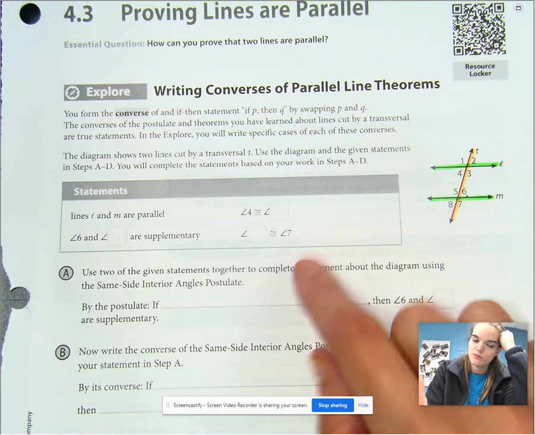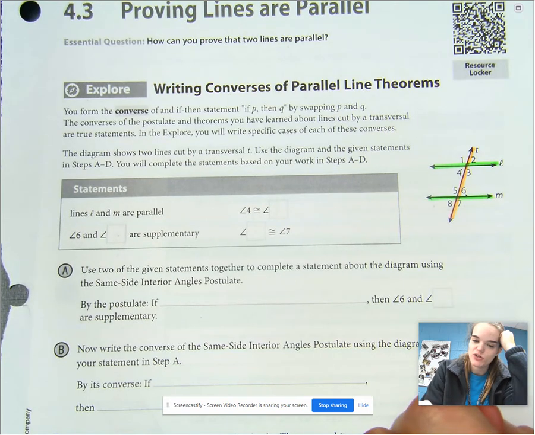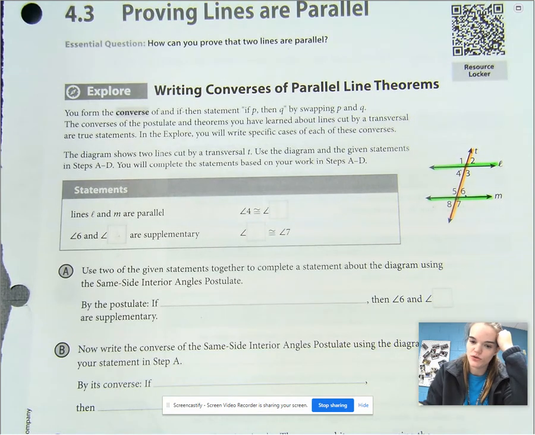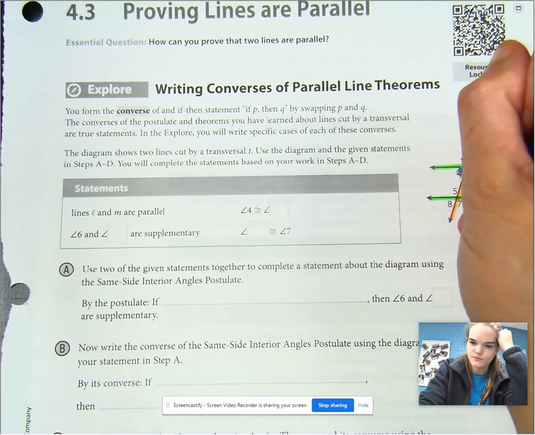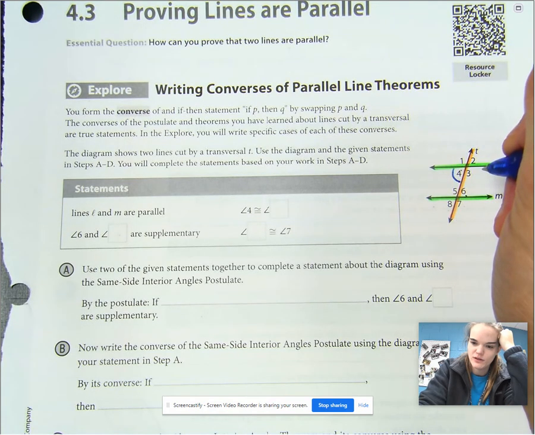We are going to have to set up the three angle relationships I had yesterday, such as alternate interior, same side interior, and corresponding angles. So that's what this chart is going to be for, and then we'll use them for A, B, C, and D. Let's think about angle 4. Angle 4 is congruent to what?